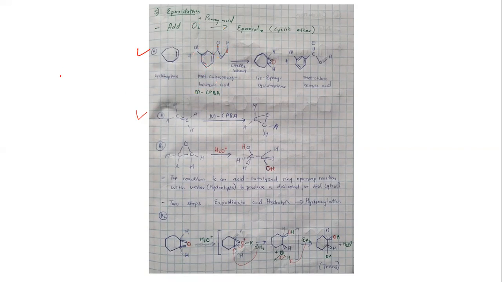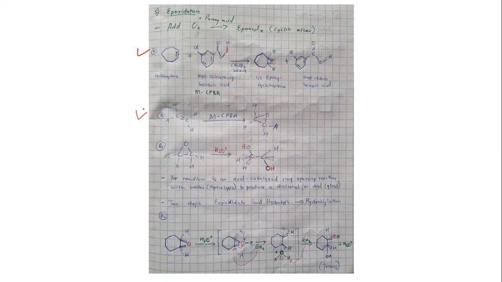Most of the time, when they say an alkene is reacting with MCPBA, just know this is a peroxy acid. You don't have to remember all of this, and we are not being assessed on how to draw it. But for safety, just know how MCPBA looks, and maybe know how to draw it.